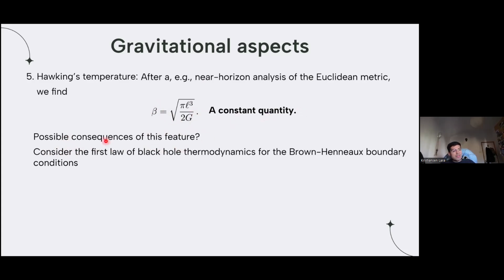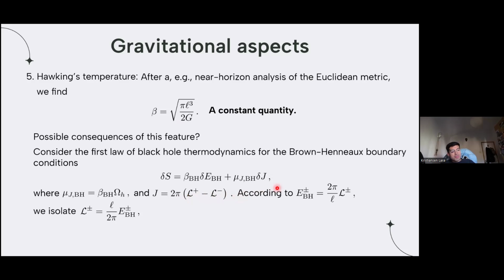In order to analyze the consequence of this feature, consider the first law of black hole thermodynamics for the Brown-Henneaux boundary conditions, like this, in the grand canonical ensemble. Here, mu J is the chemical potential associated to the angular momenta, and the angular momenta is given in terms of these zero modes, L plus and L minus.